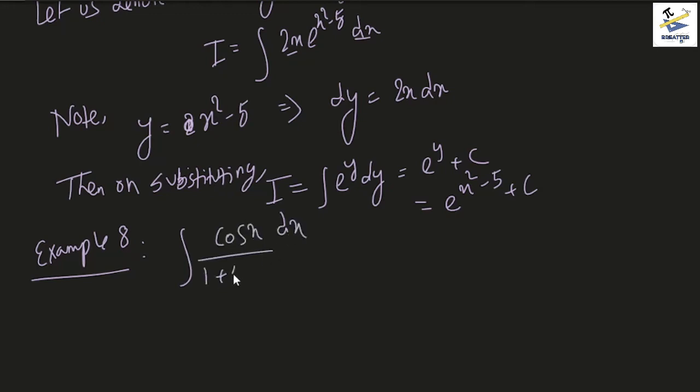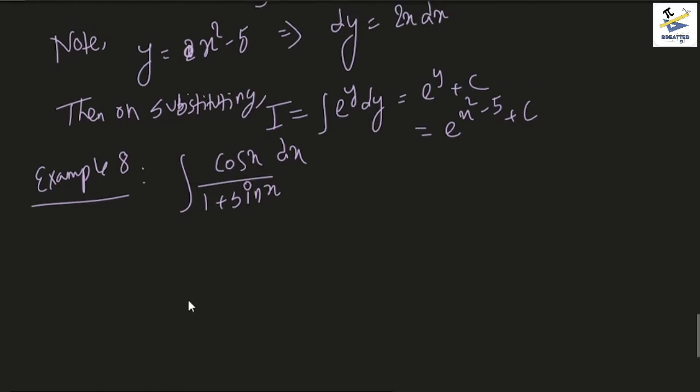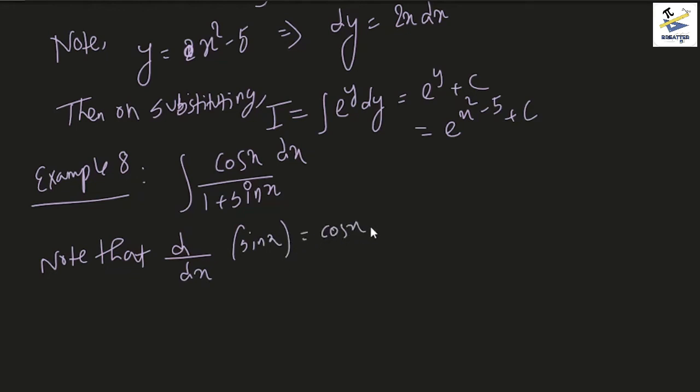1 plus sine x. So this one looks a bit more tedious than before, but note that d/dx of sine x is just cos x, right? So as we can see, cos x dx is present in the numerator and 1 plus sine x is in the denominator.